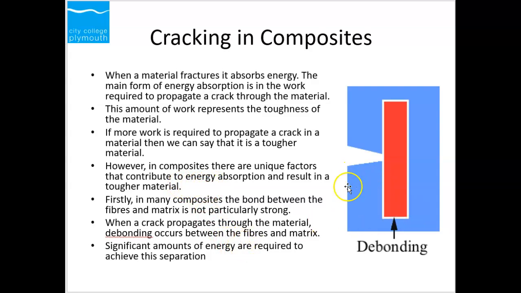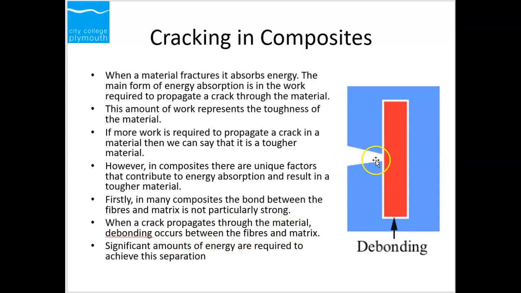Now, the matrix is usually not a very strong phase. The fiber is the load-bearing material in a composite. But when delamination happens, debonding happens, and the fiber is going to fail. When a crack propagates through the material, debonding occurs between the fiber and the matrix.